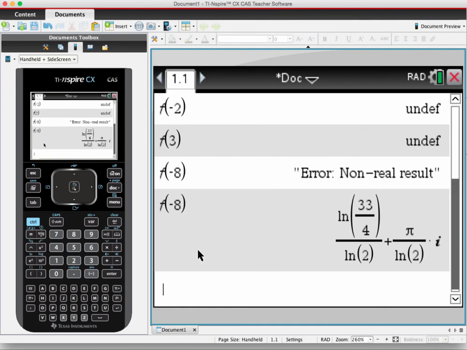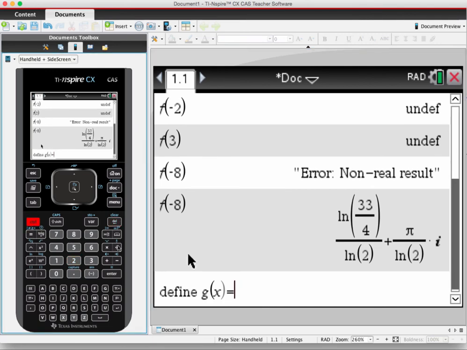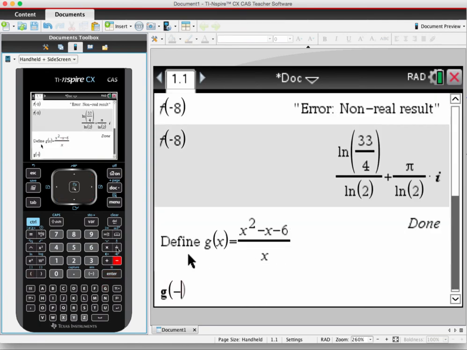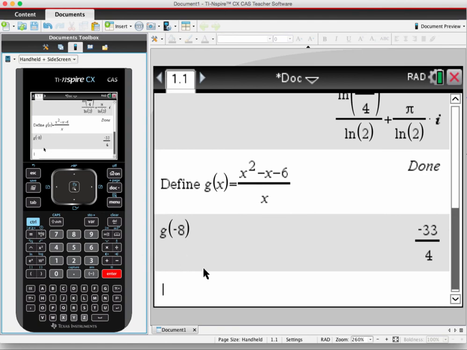And let's just see what happens if we have the inner function, g of x, defined. I'm going to type it like this. So this is just the radicand part: x squared minus x minus 6 all over x, and g of -8 is a negative number.